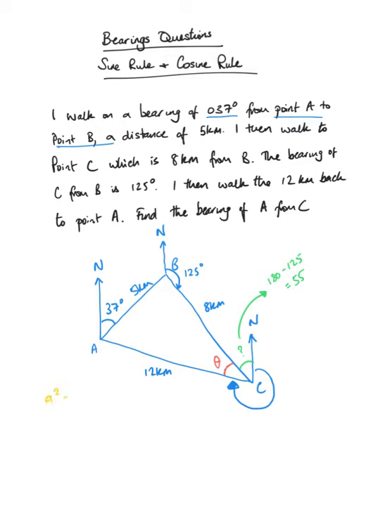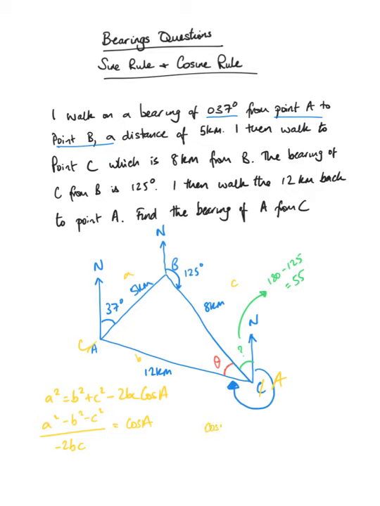So if you remember, you're given a squared equals b squared plus c squared minus 2bc cos A. Now I'm just going to change these letters around so I don't need to rewrite the formula. So that'd be little a, that'd be little c, and that would be little b. Now I need cos A on its own, so I'm going to rearrange: a squared minus b squared minus c squared over minus 2bc is equal to cos A. Substitute all the values in.